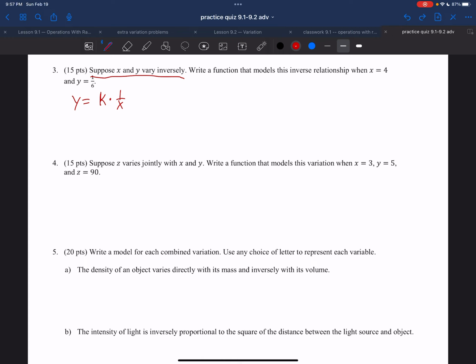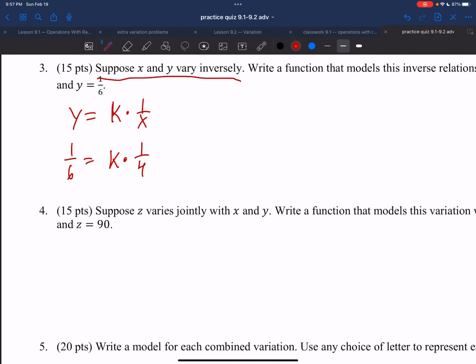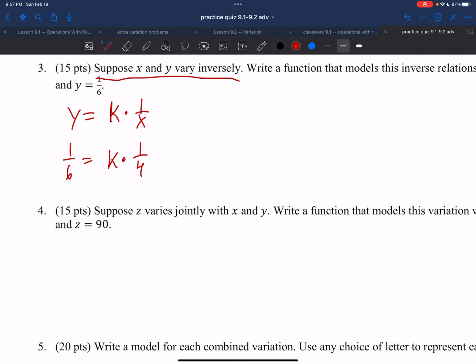So it says let's figure out k if y is 1/6 when x equals 4. Notice I just replaced 1/6 for y and 4 for x. Now, to solve for k, I'll multiply by 4 on both sides. So 4 times 1/6, that's 4/6 equals k, which means therefore k equals 2/3 if we reduce that fraction.